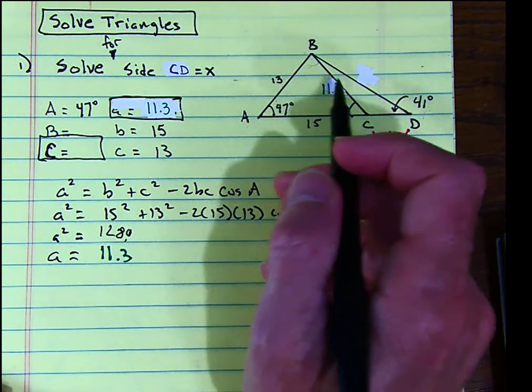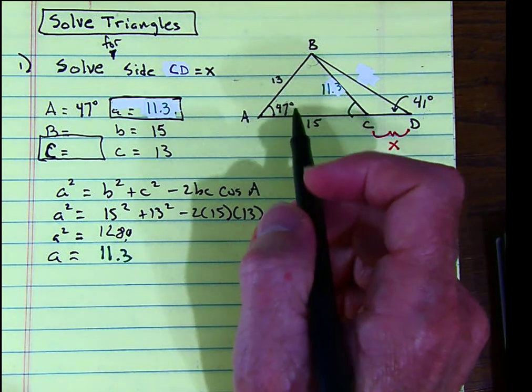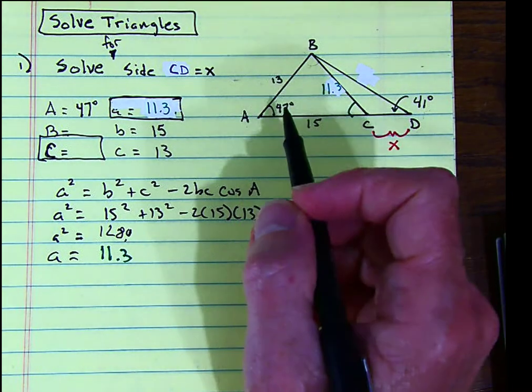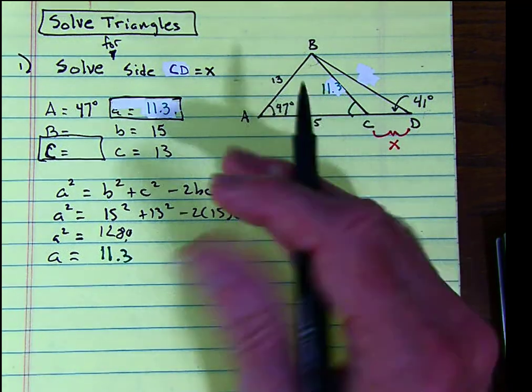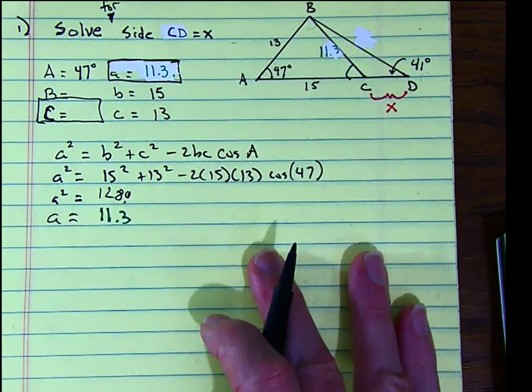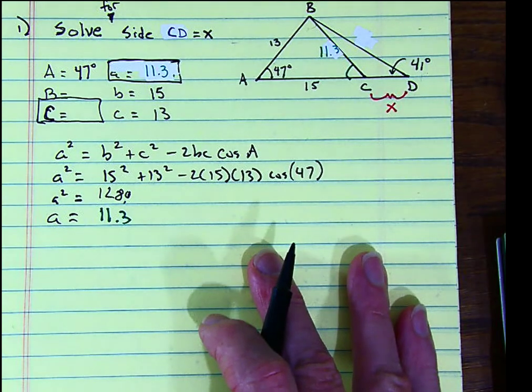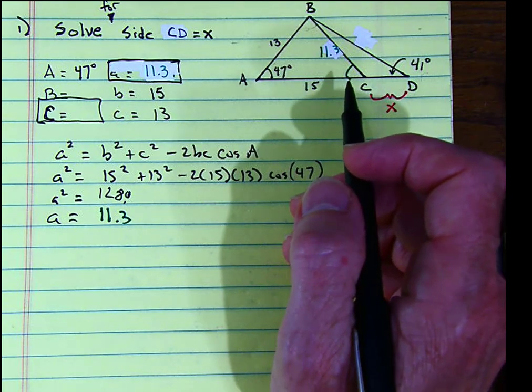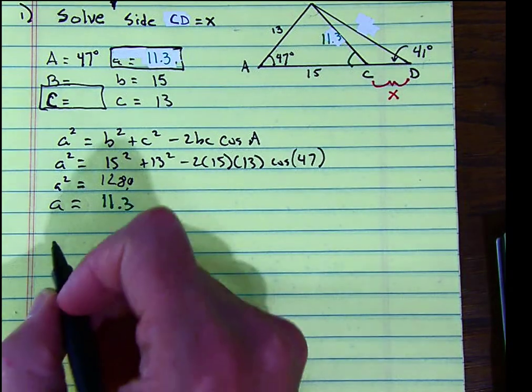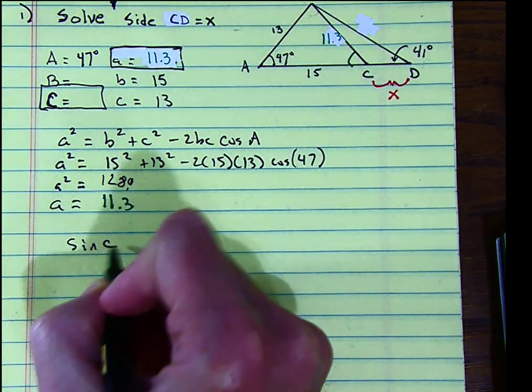But if we do side-side-angle, we are using the law of sines, which could lead us into an ambiguous case. But I'm not going to make a big deal out of that. And the law of sines is a little easier. We just have to make an assumption here that this is less than 90. And with that assumption, let's solve it.